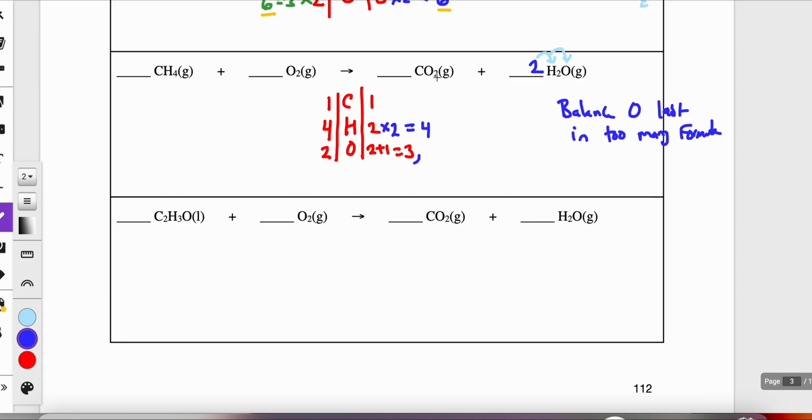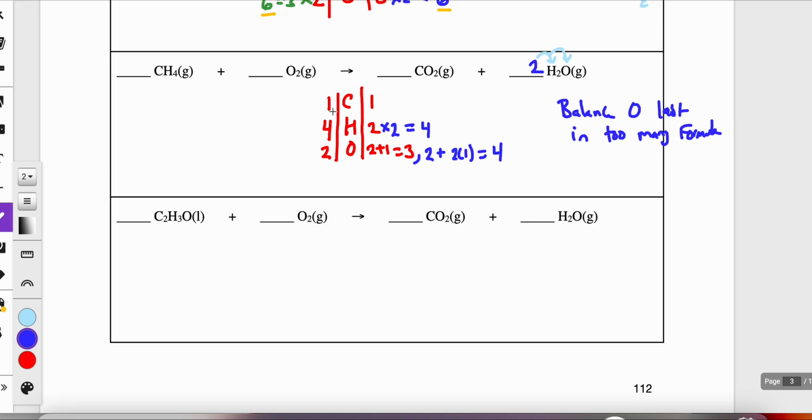Well, my first substance is not affected by the coefficient of 2. There are still 2 oxygens there. Plus, now I have this coefficient of 2 times the oxygen subscript. So this would be 2 times 1. So now, the 2 oxygens from the CO2 plus, I have 2 waters, each 1 oxygen. My oxygen count is now 4.